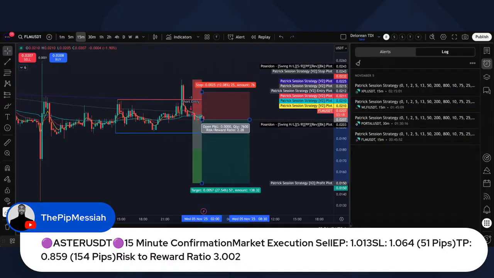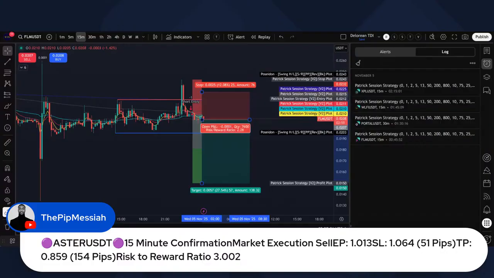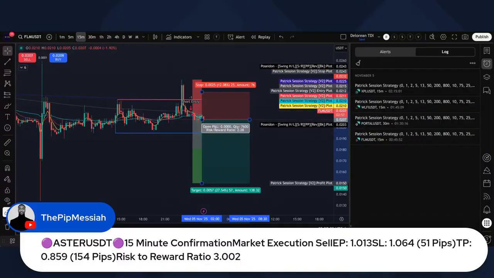Stop is 0.232. It's for 25 pips. Take profit is 0.150 for 57 pips. And the risk here is 2.28.